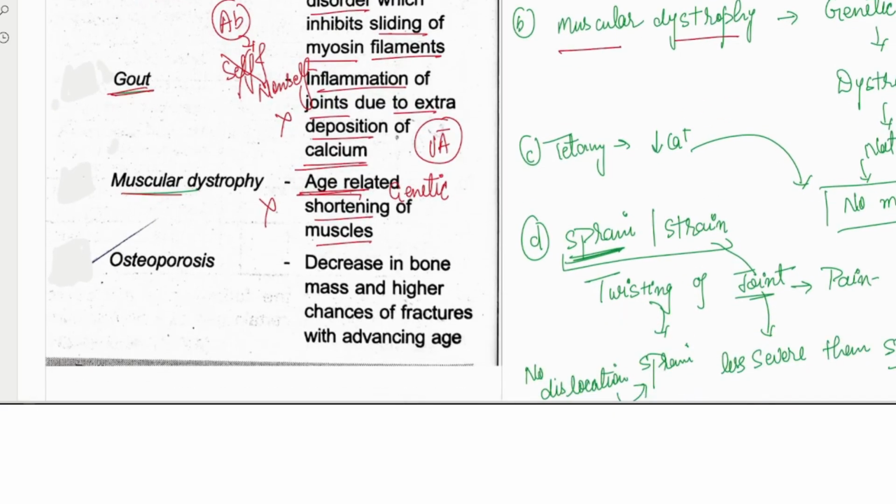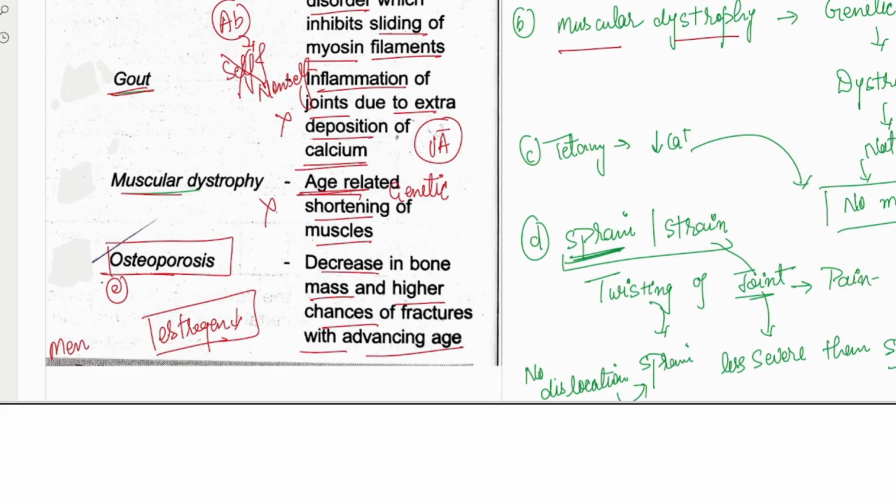Osteoporosis I have not shown there. Next, the fifth one, you can note it from here: osteoporosis is a decrease in bone mass and higher chances of fracture with advancing age. We can say in osteoporosis the estrogen level is low, because of the low estrogen level in females who are facing menopause.